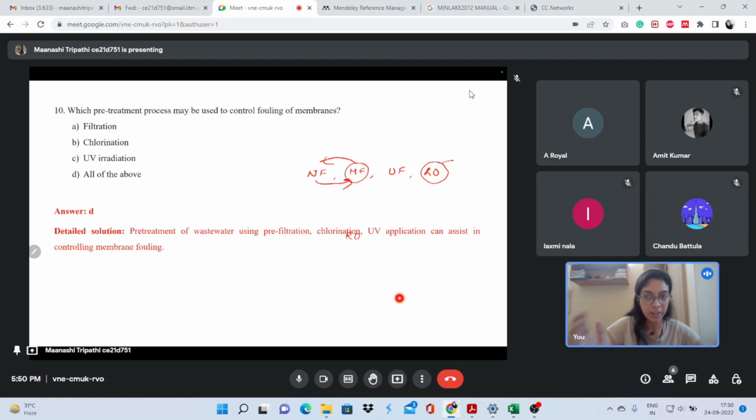That is why we try to choose a filter in which we can balance these things. If we go for RO filtration, the choking will increase, and if we go for microfiltration of large pore size, something will pass that we don't want. So we choose a basic size and pre-treat it so that the cost can be balanced. That is how we choose the filter size.